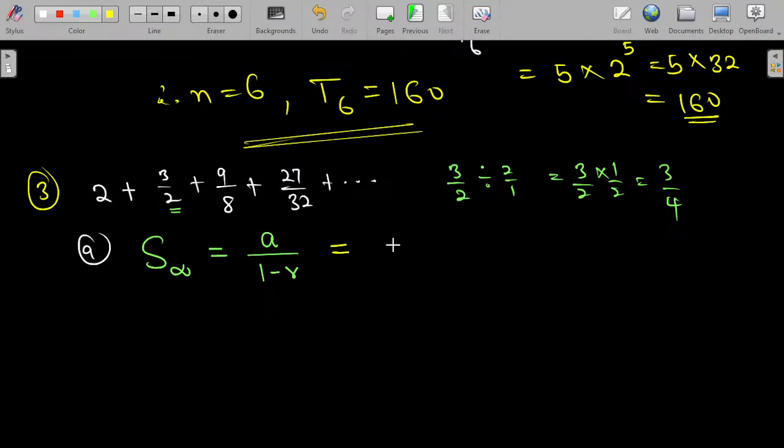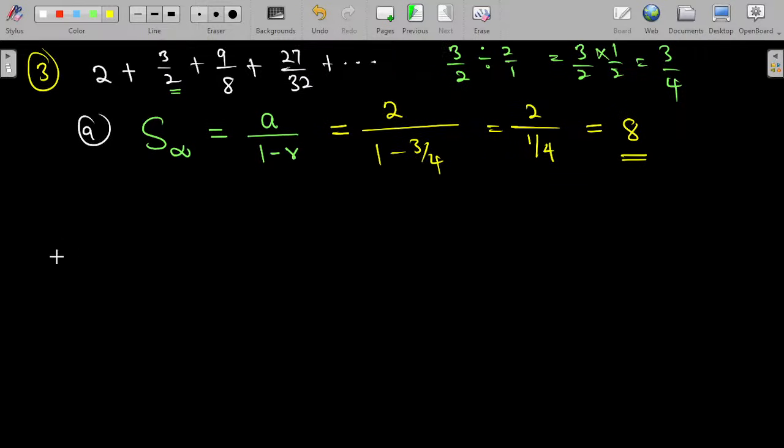That means our sum to infinity is going to be A, which is 2, the first term, all over 1 minus 3 over 4. That gives you 2 all over 1 over 4, because 1 minus 3 over 4 is 1 over 4. And then, of course, this 4 can come up here to multiply your 2. And so your answer is what? 8. Okay? And that is for number 3.